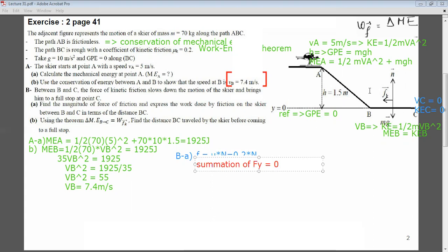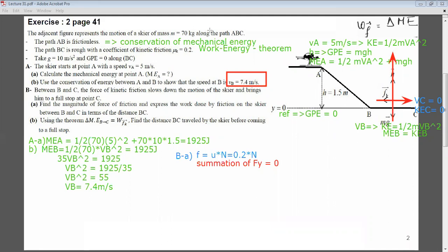Okay, so now I come here. He has already drawn for me the free body diagram. I have N along the y-axis, I have weight along the y-axis, and I have friction along the x-axis. Let's draw the vectors to see them clearly. So this is my y-axis and this is my x-axis, right? So what do I have along the y-axis?